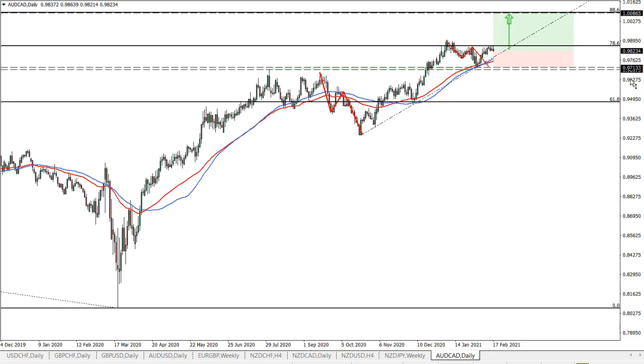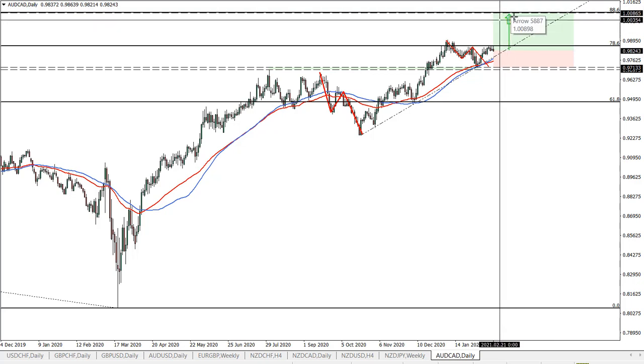And for this reason, we might assume that the price will move towards the 88.6 Fibonacci resistance area, which is near the 1.01 psychological level. Slightly lower, but most likely if it will be testing this area, it will hit the 1.01 psychological level.